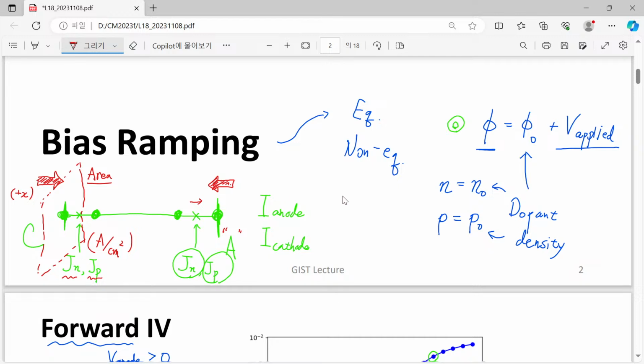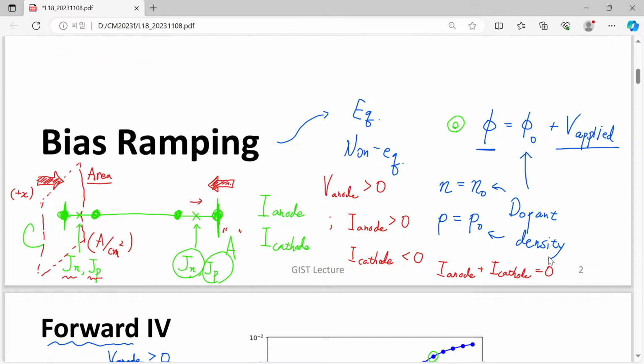So when you apply positive anode voltage, if you calculate it correctly, then your anode current should be positive, and at the same time your cathode current should be negative. Of course, the sum of your anode current and cathode current should vanish due to current conservation.